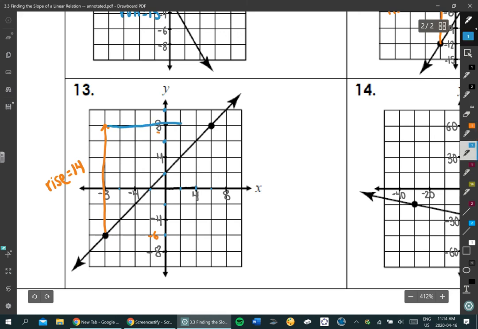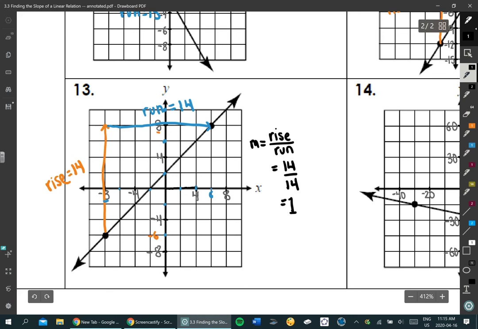Our run goes from -8, that's an 8, you can't see, that's -8, all the way to +6. Remember, that must be +6. So the run is also equal to 14. Okay, so rise over run, we get 14 over 14, which is just a slope of 1.